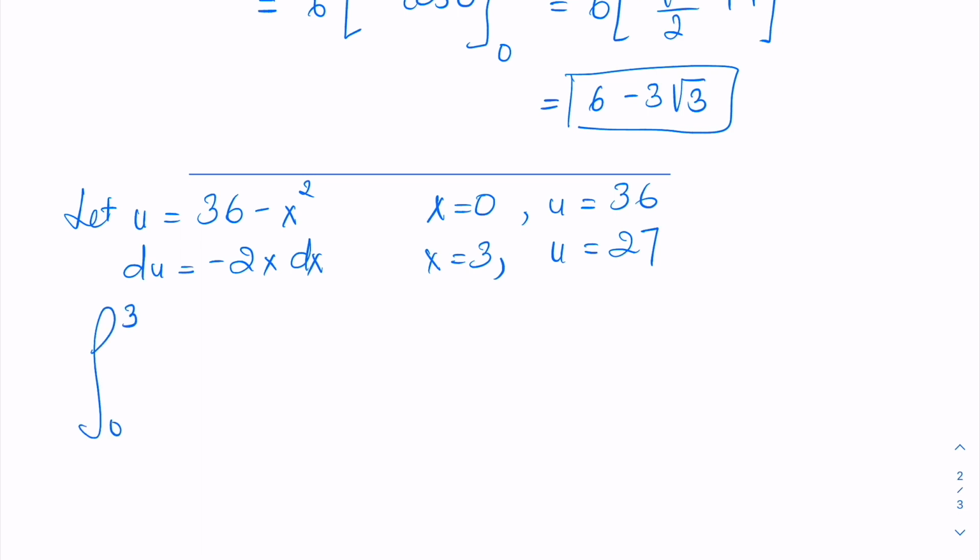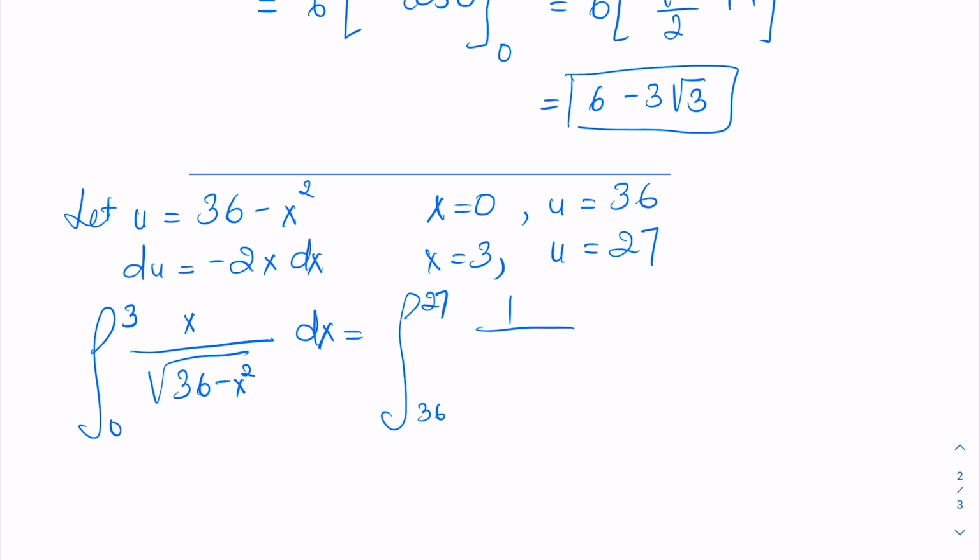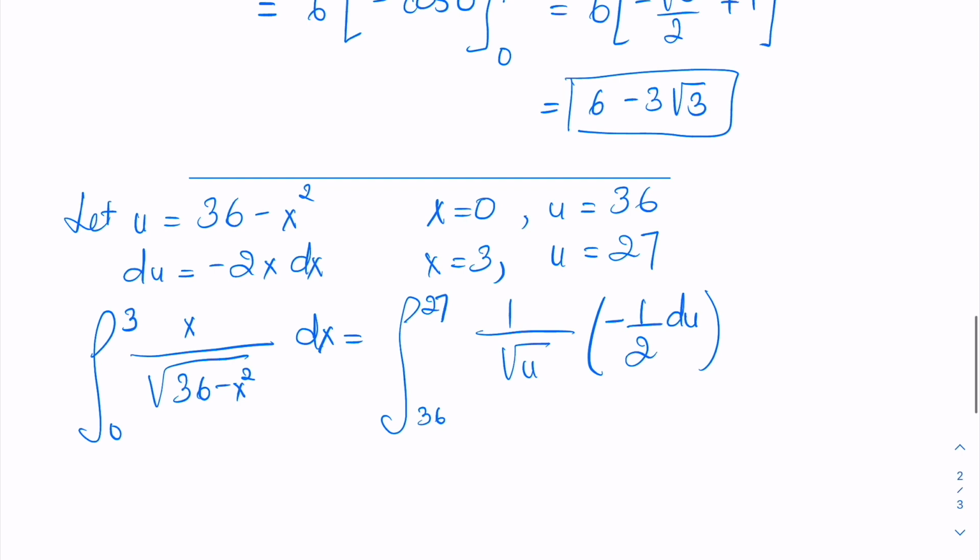So when I plug it in, 36 minus x squared dx is going to be from 36 to 27, 1 over square root of u. And then we have negative 1/2 du because of this negative 2 over here.